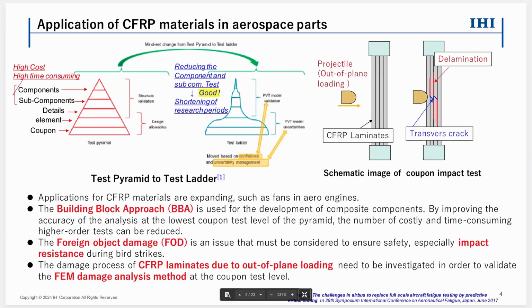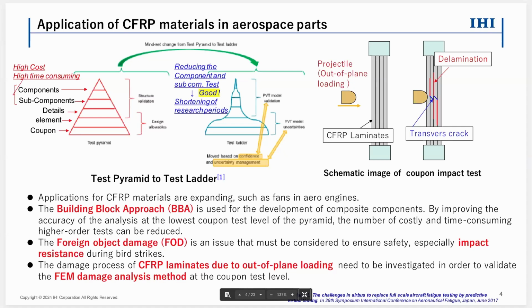By the way, foreign object damage is an issue that must be considered to ensure safety, especially impact resistance during bird strikes. This is a schematic image of a coupon impact test.